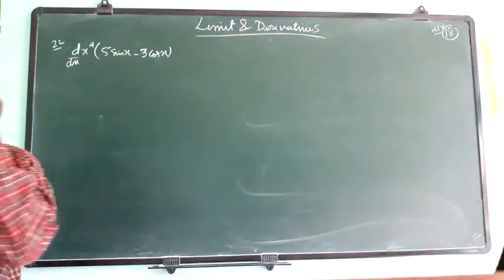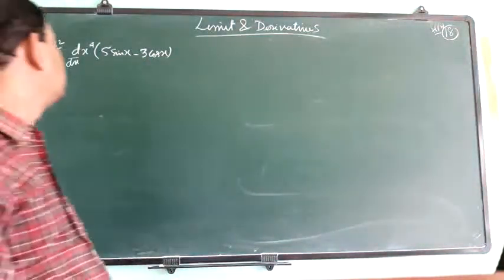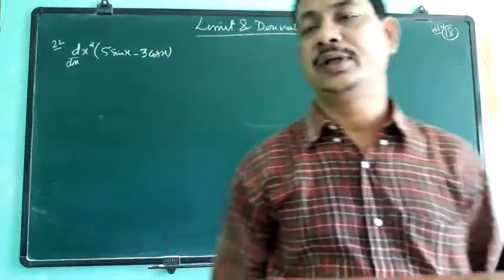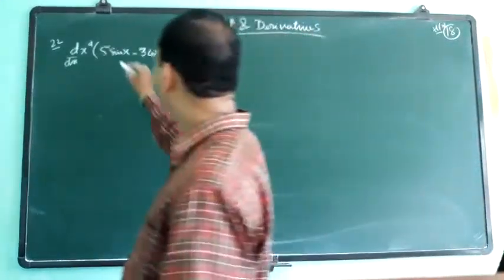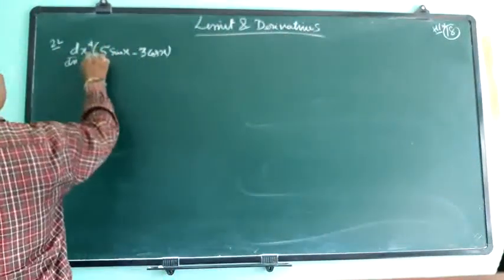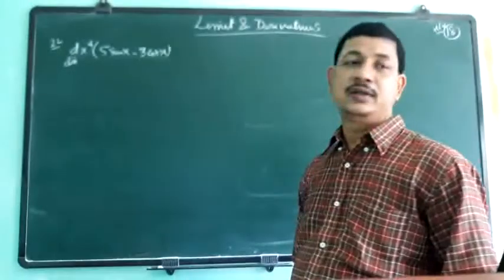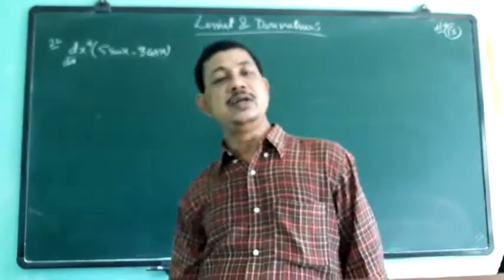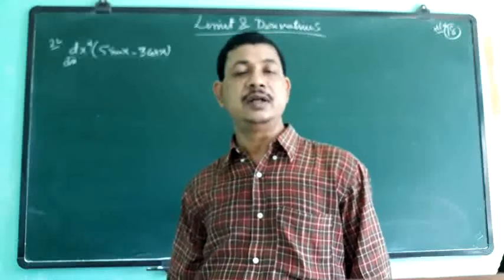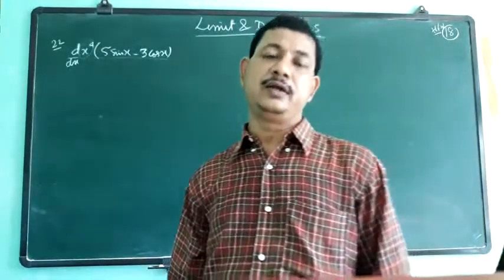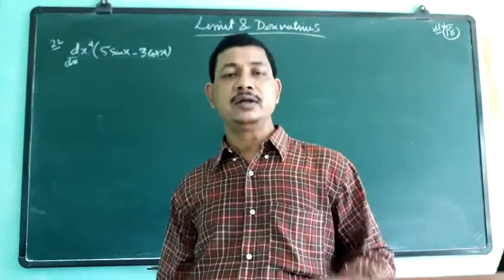So here you see that this is u into v form actually. Why u into v form? You can consider this one as u, this one as v. So if you consider u into v, then the formula is v du/dx plus u dv/dx. In divide it is minus, but in product it is plus.